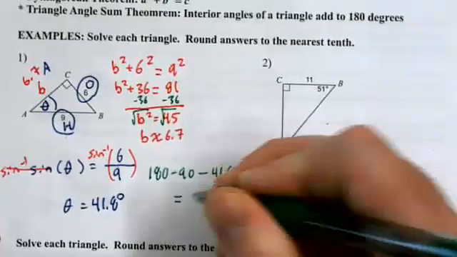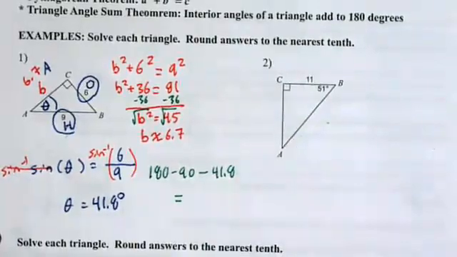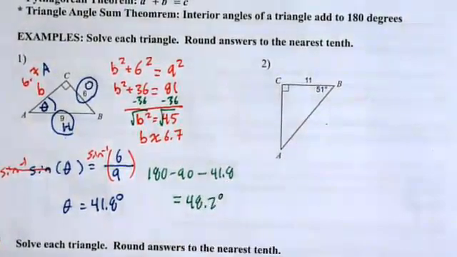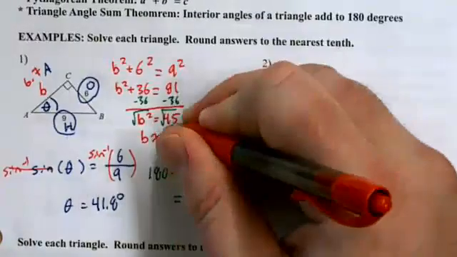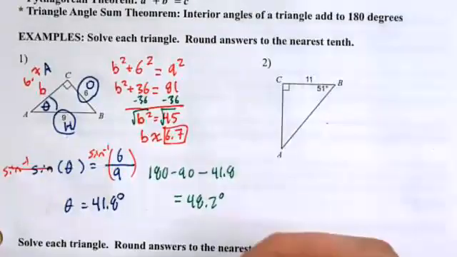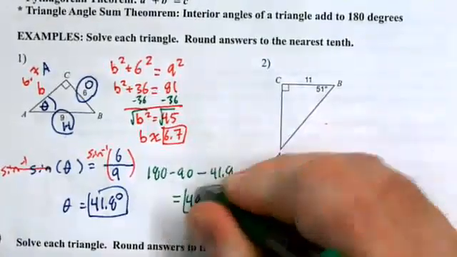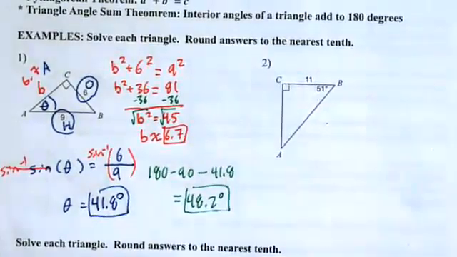And that should give me my third angle, which comes out to about 48.2 degrees. So we have solved the triangle, we found the missing side, and we found both of our missing angles. We ended up using all 3 tools. We used Pythagorean theorem, we used trigonometry, and we used the triangle angle sum.